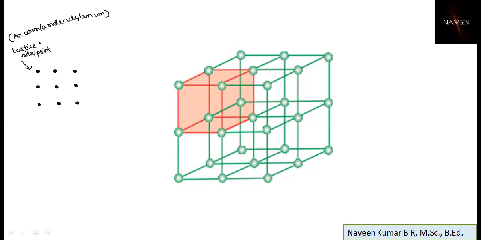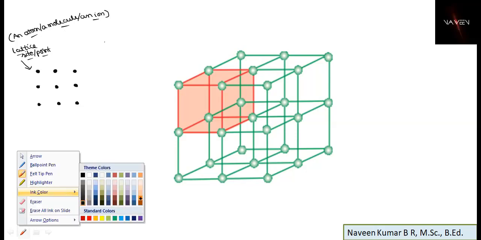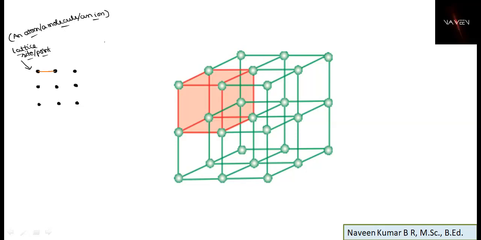Such a dot represents an atom, a molecule or an ion, which is called a lattice site or lattice point. Such lattice points are joined by straight lines.